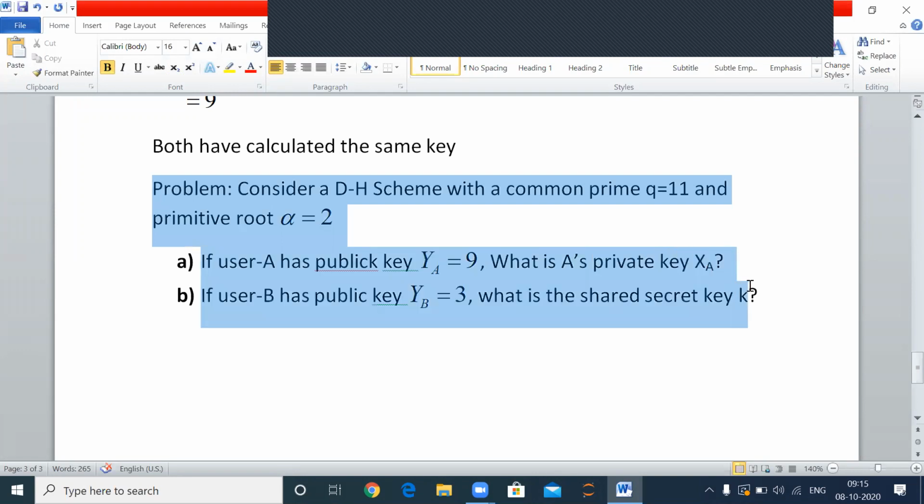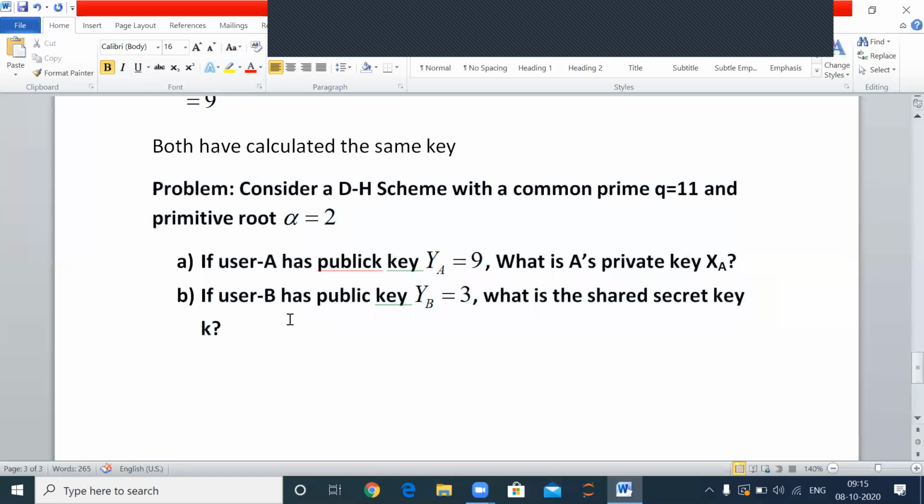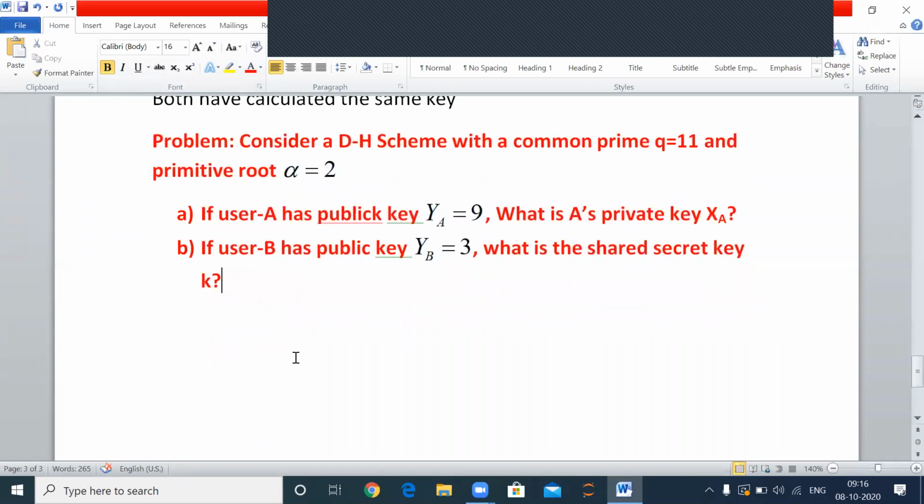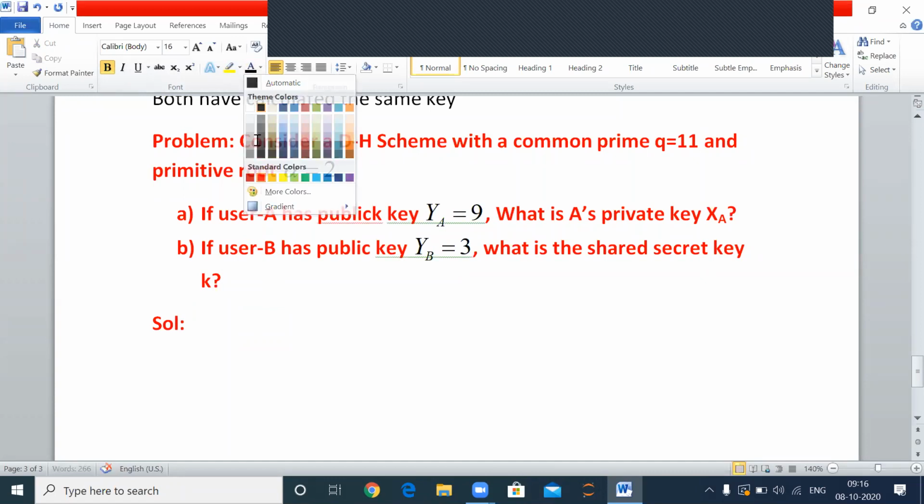Now try to solve this problem. How to solve this? What is given in the problem?